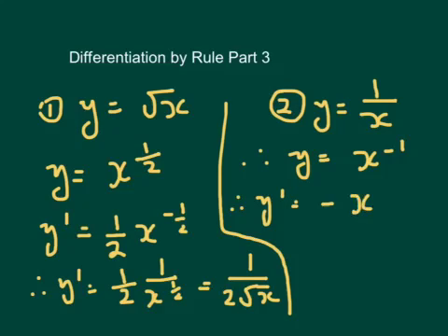So we just write negative x, reduce the index by 1. And then, as I said before, we need to put the answer back in a form similar to that used in the question. So y dash would equal negative 1 over x squared.